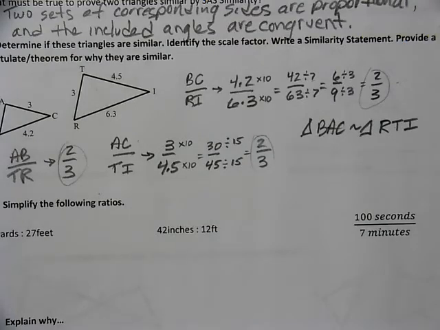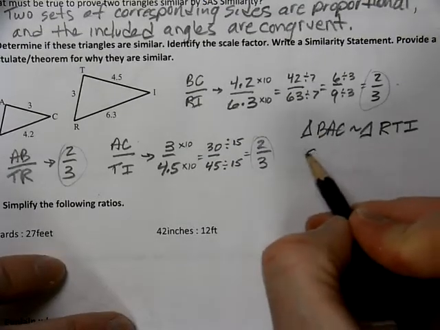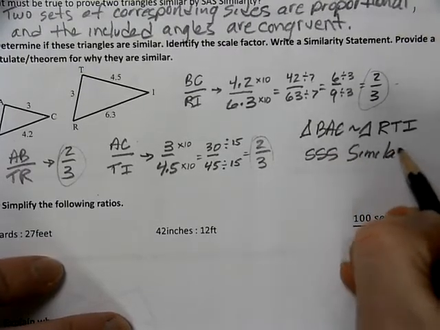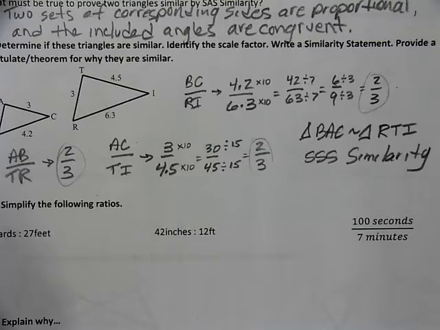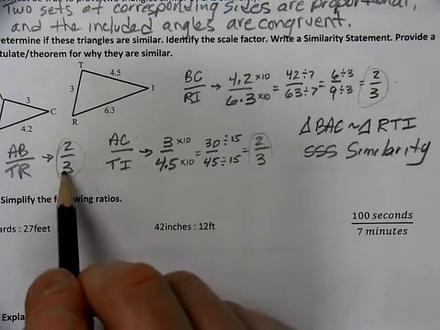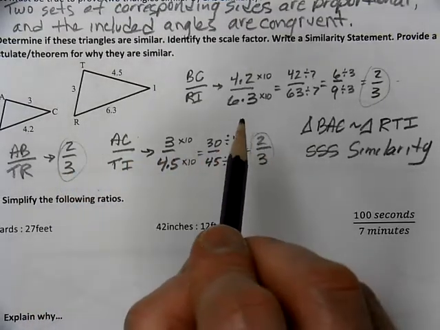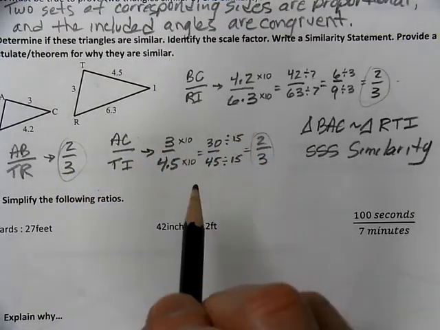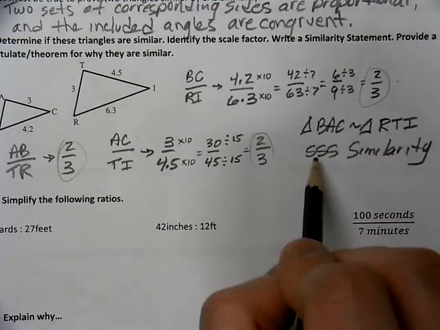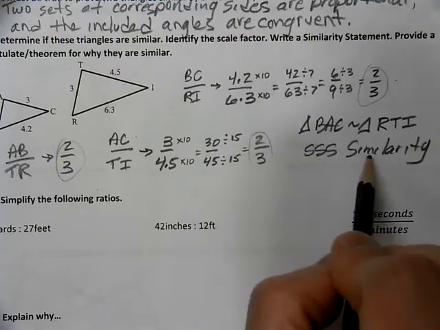And the theorem that we used was side, side, side similarity. So we showed that the triangles were similar because their corresponding sides had the same scale factor. We had our similarity statement and the reason for why the triangles are similar.